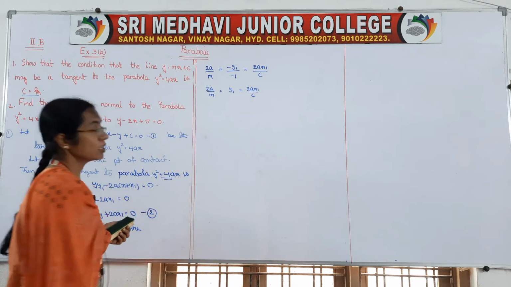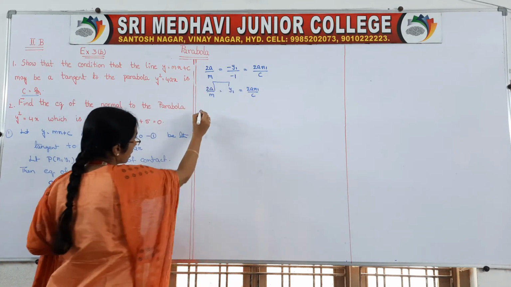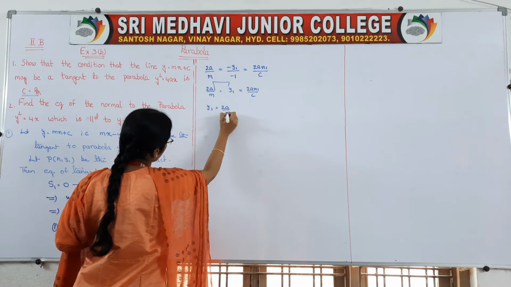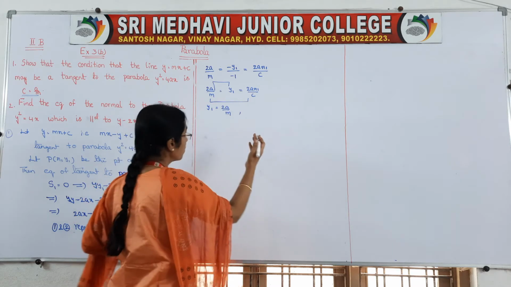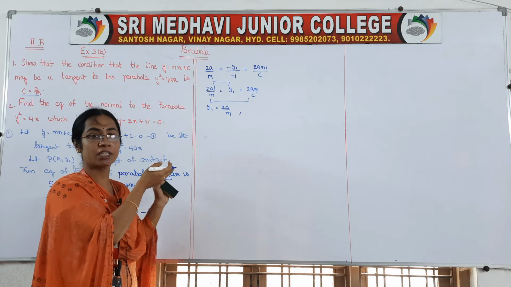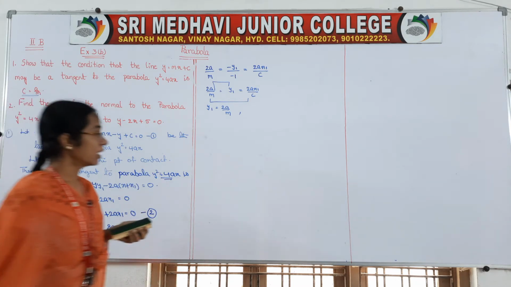Okay. So now you take these two at a time. Then what happens? y1 is equal to 2a by m. Next you take these two at a time to get our x1 and y1. The y1 term equal to constant you will get, and the x1 term equal to constant you will get your x1, right.